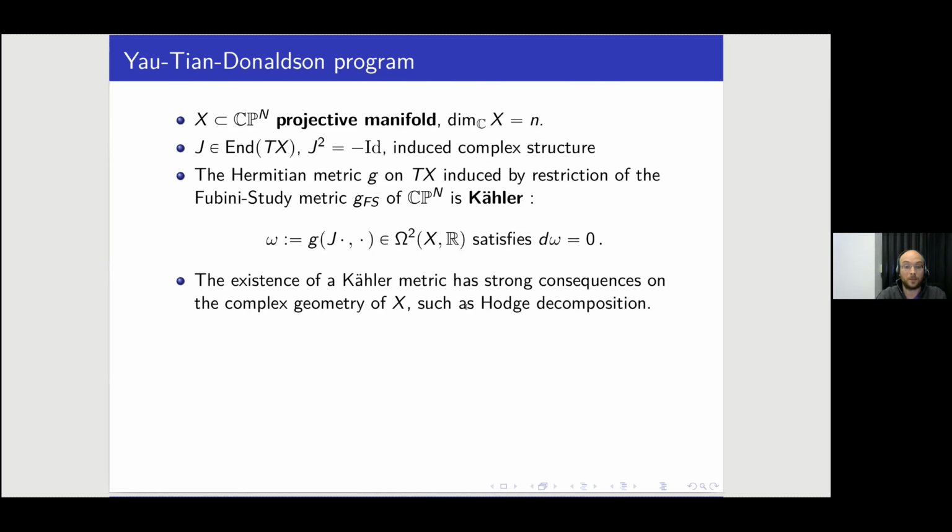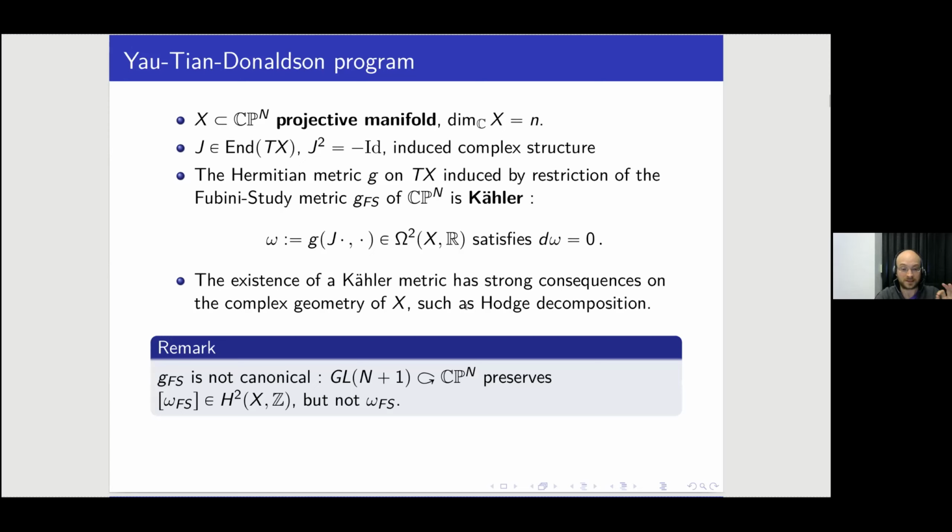But one key remark for this talk is that such a Kähler metric induced by a projective embedding is not canonical, and even the Fubini-Study metric is not canonical. Indeed, GL_{N+1} acts on the projective space of lines in C^{N+1}, preserving the cohomology class of this closed form, but not the form itself, and hence not the Kähler metric.